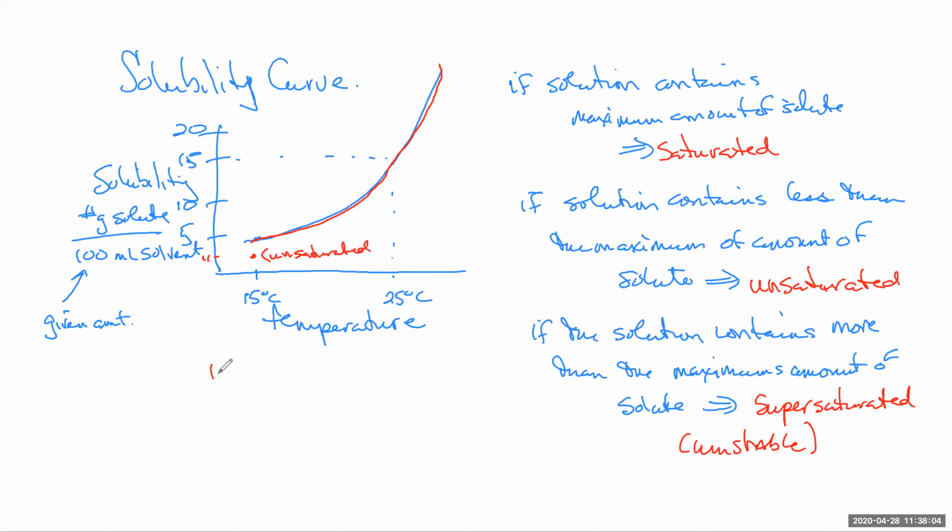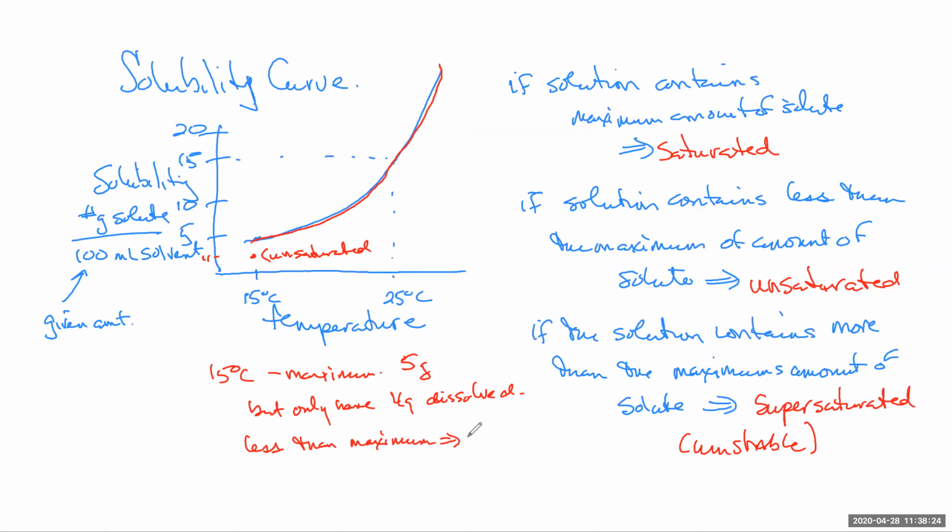Because at 15 degrees, the maximum is 5 grams, but we only have 4 grams dissolved. So you contain less than the maximum, unsaturated. Less than maximum is always considered unsaturated.